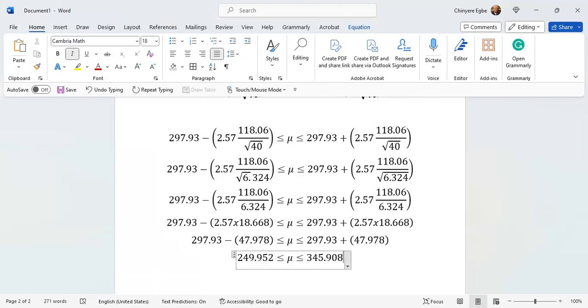So now that you have this calculation, you can say, I don't know what the true average price per square foot is, but I am 99% confident that it will be between 249.952 and 345.908.